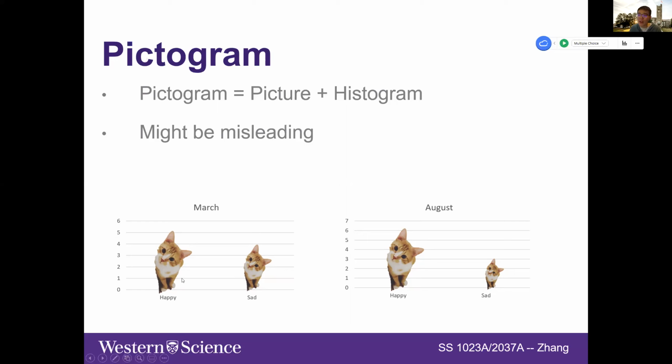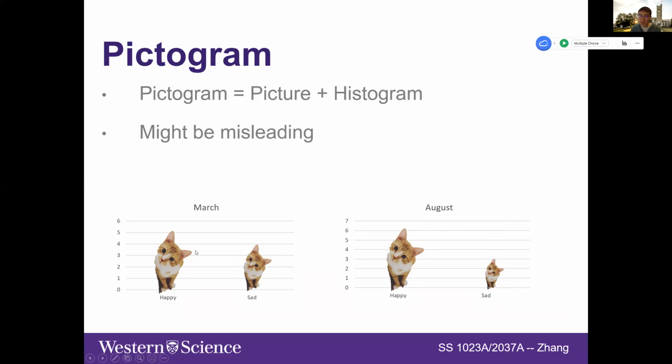Right now, we use the height of this cat image to denote the count of each mood in each month. The meaning is the same, it's just the way we present ideas.